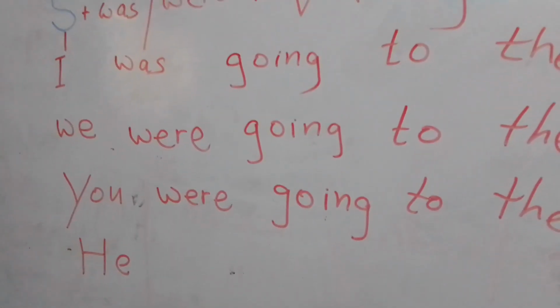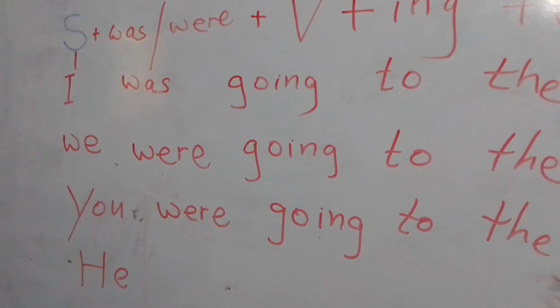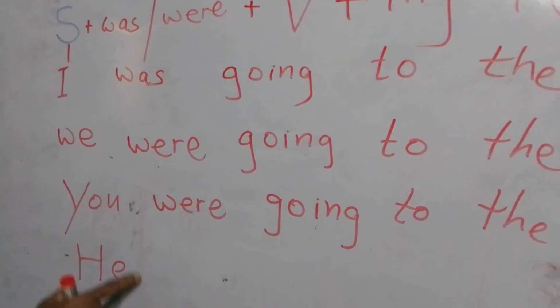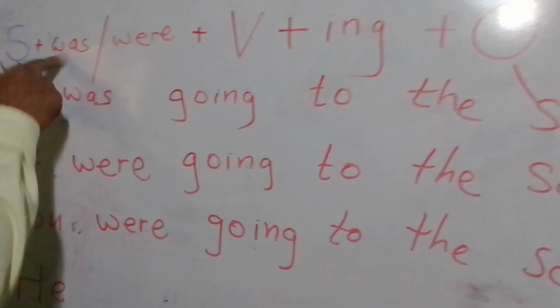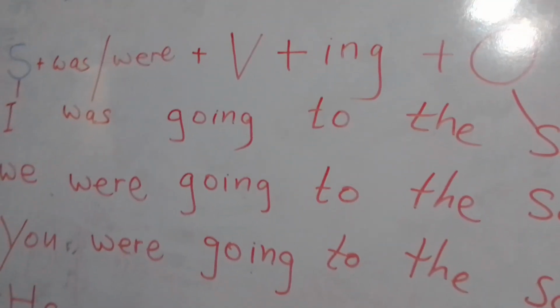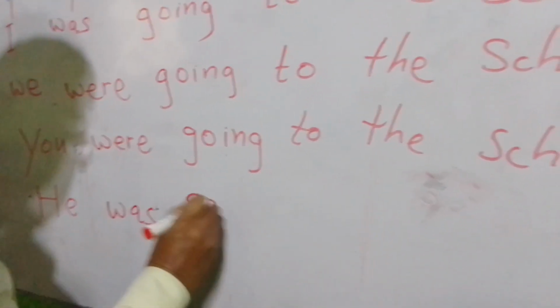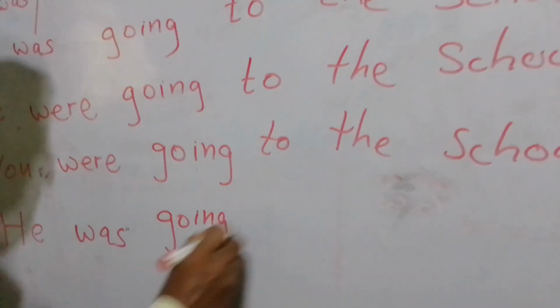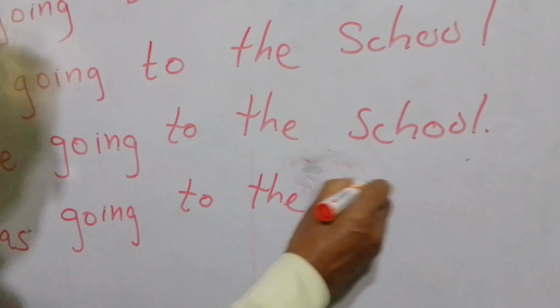Now the pronoun he. Is it singular or plural? The pronoun he is singular. Therefore, you have to use the auxiliary was. Okay. He was going to the school.